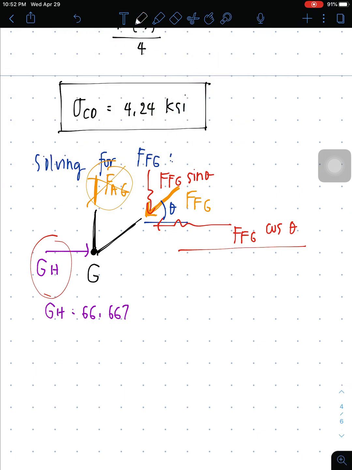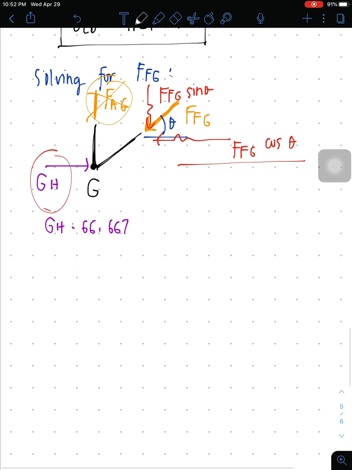So we're going to do the summation of forces horizontal equal to 0. So you have GH to the right minus FFG cosine of theta equal to 0.